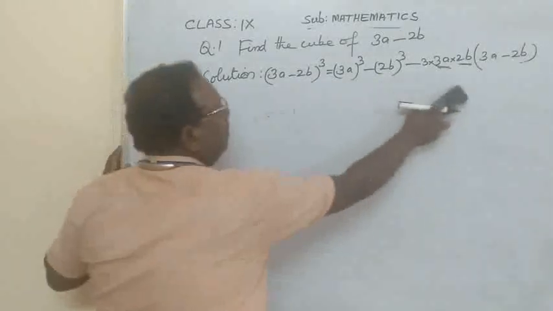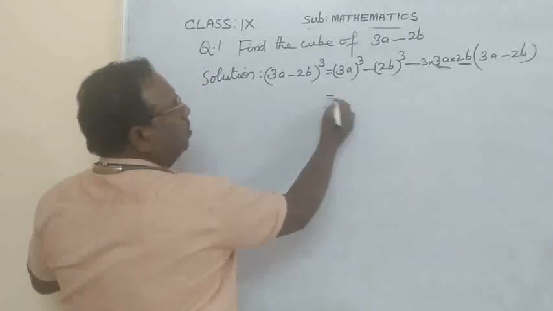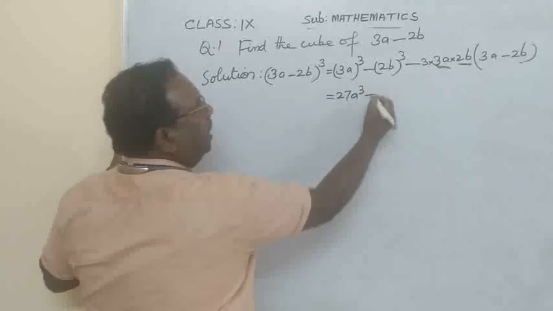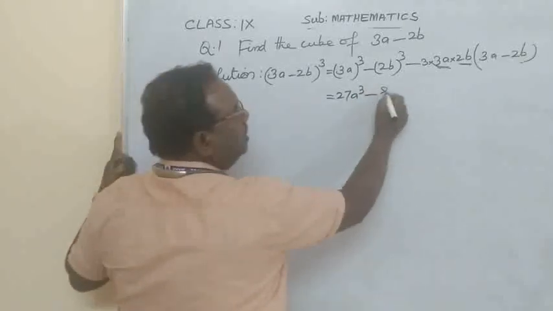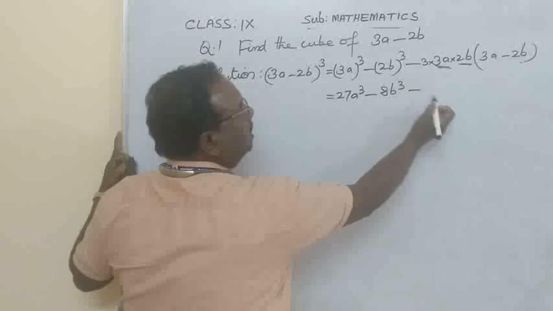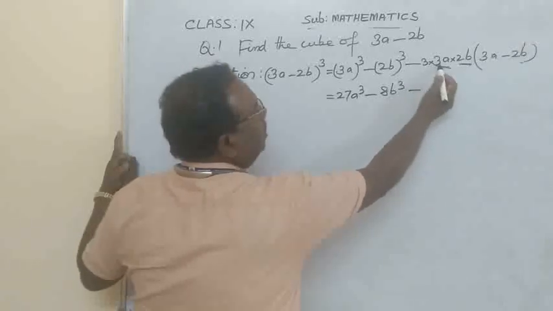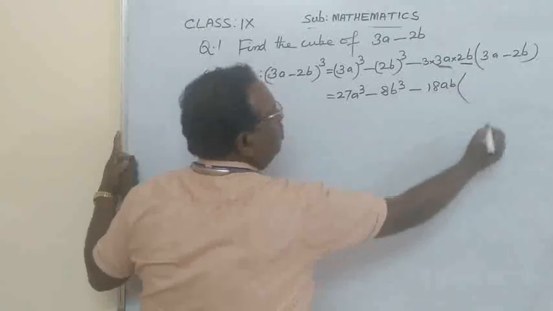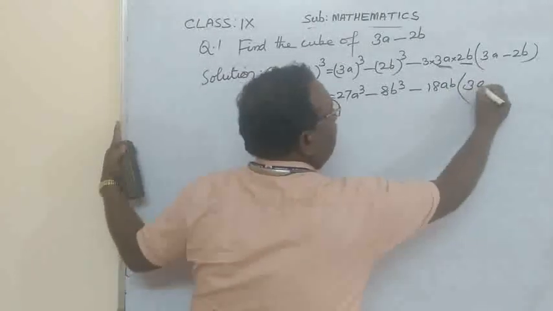So this is equal to 27a cube minus 8b cube minus 3 into 3, 9, 18ab into (3a minus 2b).